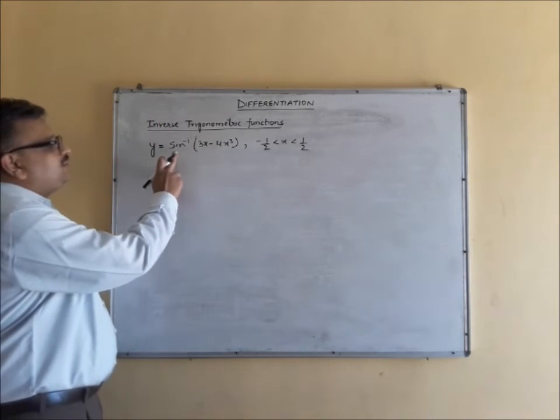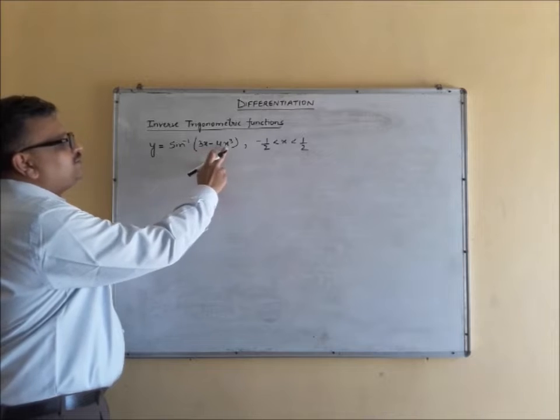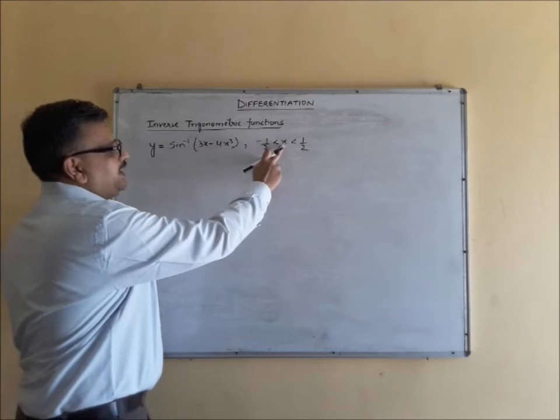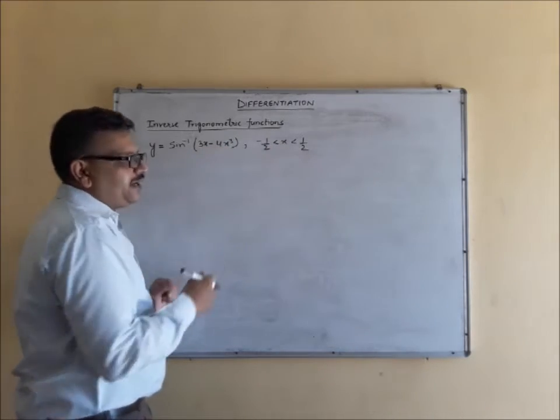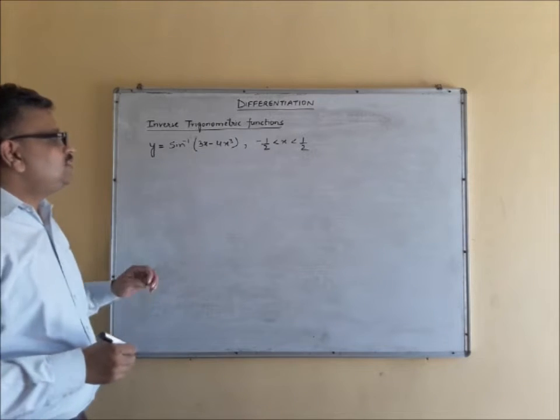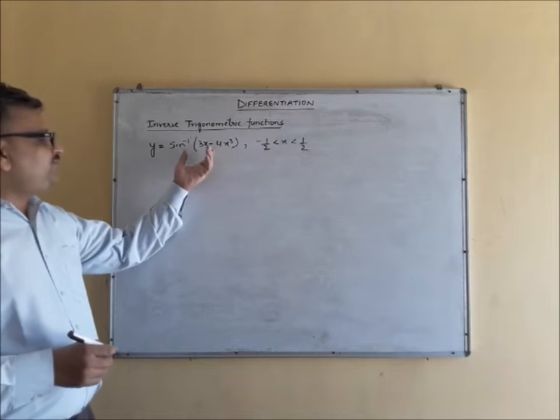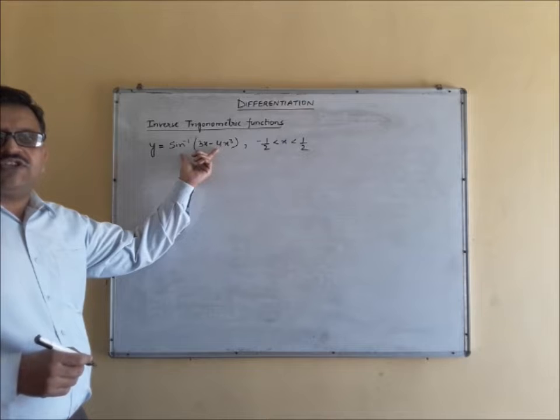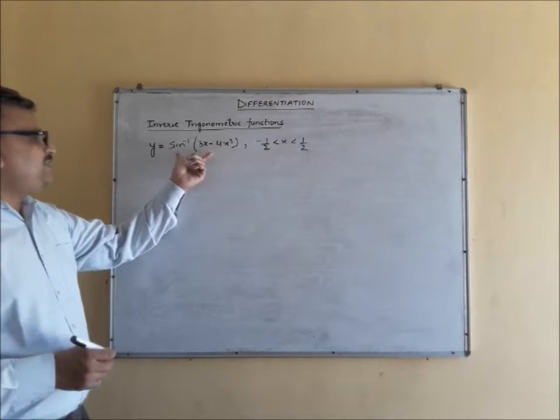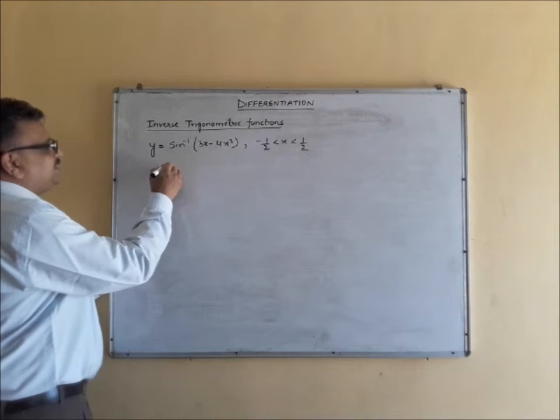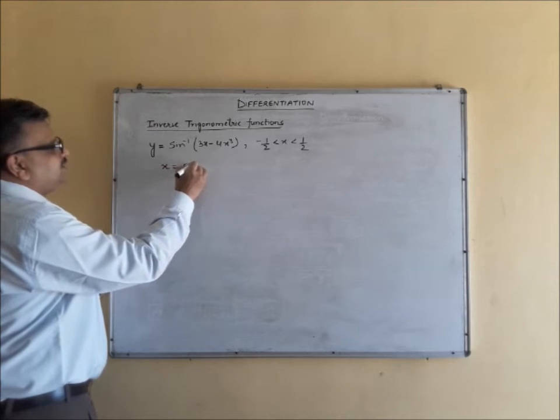The function is y equal to sine inverse of 3x minus 4x cube, where x lies between minus 1 by 2 and 1 by 2. To find its derivative, we first have to simplify this function. So to simplify it, we substitute x equals sine theta.